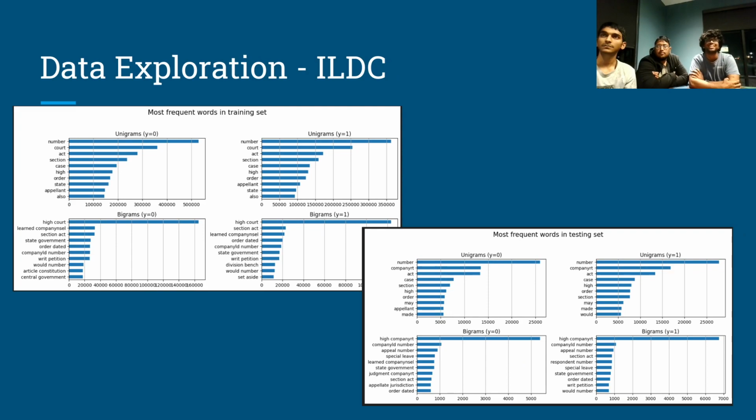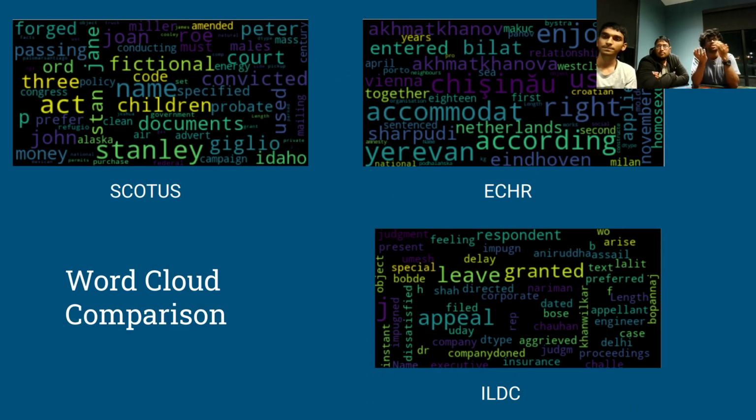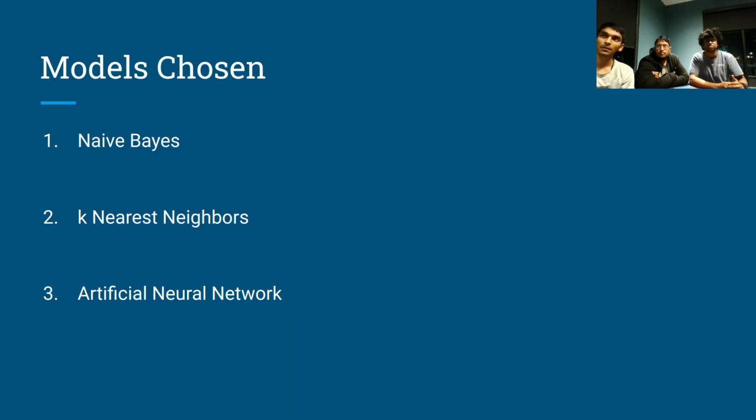With ILDC, you can see a similar split, showing that there is a good diversity in the data set. And among the data sets themselves, we can see that there is a good differentiation in the words that the facts contain. This is a good way of indicating that our data sets are diverse.